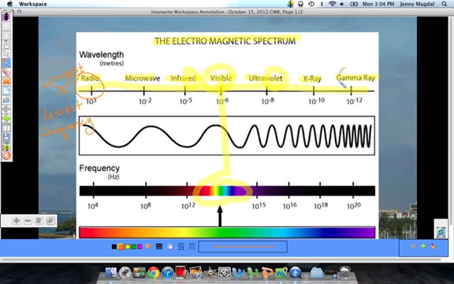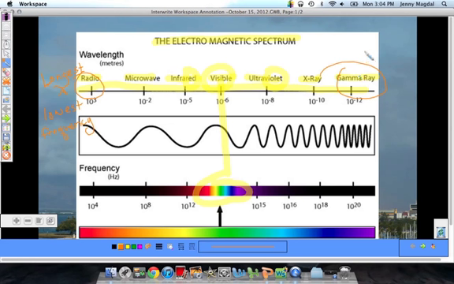On our other end, at our gamma rays, the wavelengths are about the size of an atom. The wavelengths on the radio waves are about the size of a really tall building.